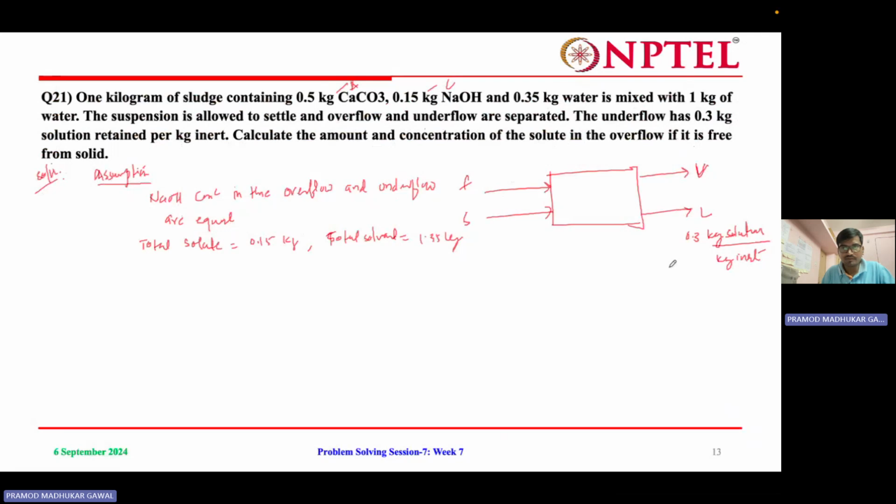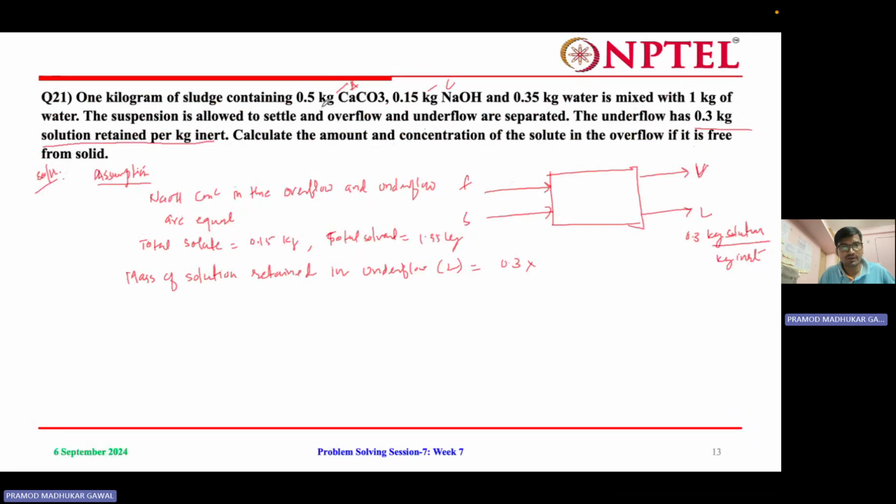Now here it is mentioned that 0.3 kg solution is retained per kg of the inert, right? So the mass of the solution retained in the underflow is 0.3 times the kg of inert.